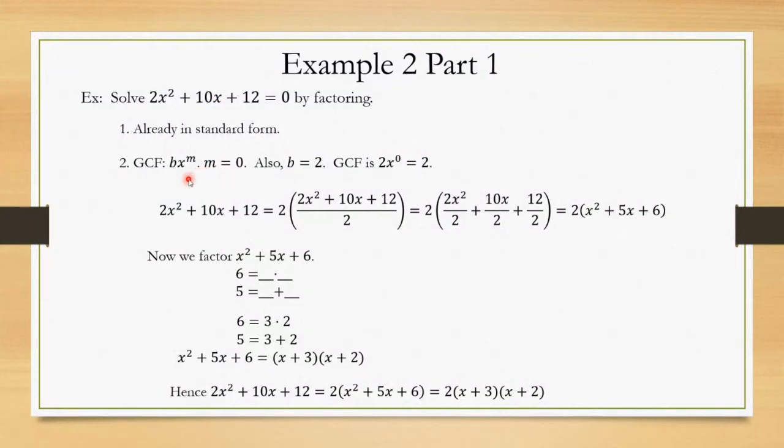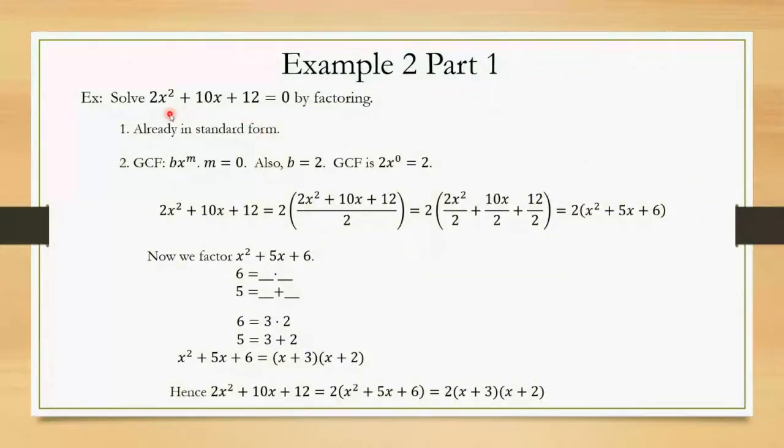Good. Now for the coefficients and the constant term, 2 is a factor of 10 and 12. So because of that, the greatest common factor of 2, 10, and 12 has to be 2.